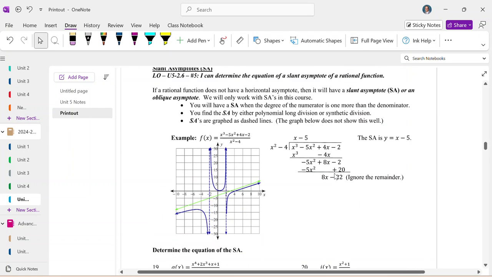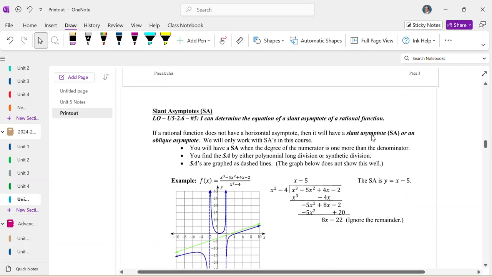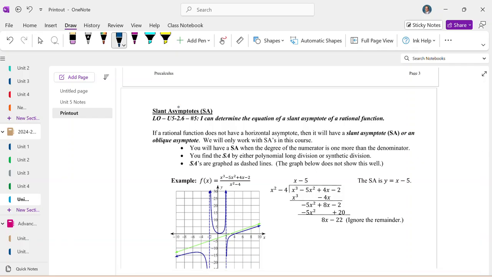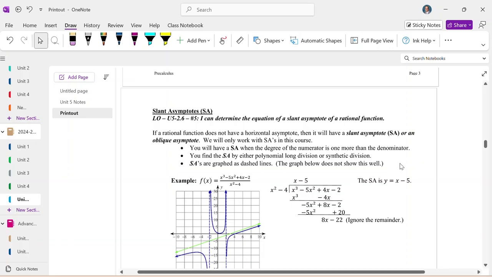Now, if the degree of the numerator is more than the denominator, then you have what's called a slant asymptote. And to find a slant asymptote, you can do either long division or synthetic division depending upon what the degree of the denominator is.